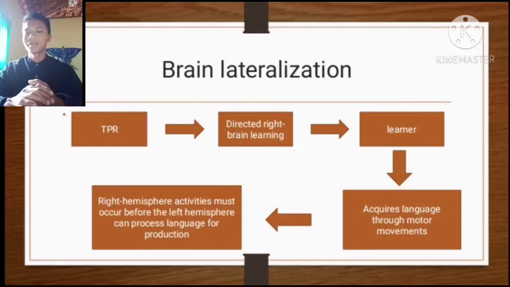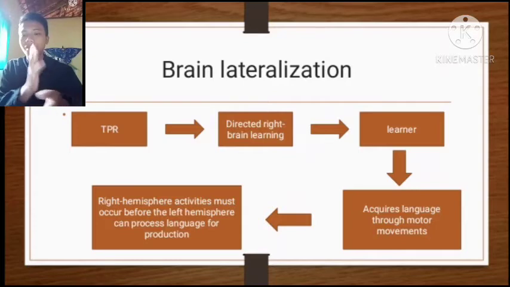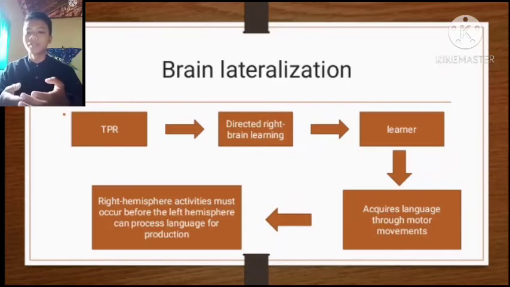Learners acquire language through motor movement. And next, right hemisphere activities must occur before the left hemisphere can process language for production.